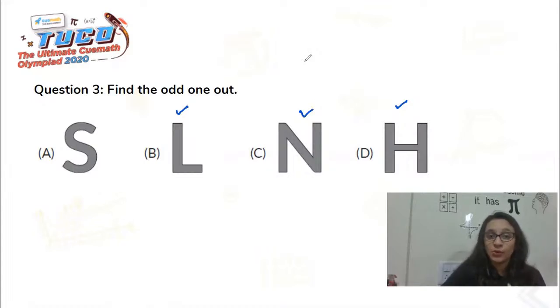Those could be vertical straight lines, horizontal straight lines or slanting straight lines, whereas S does not have any single straight line in it. It is made up of curved lines. You can say this is one curve and then this is another curve. So the odd one out here clearly is option A, that is the letter S, because it is not formed of any straight line. With this, we'll move on to the next question.